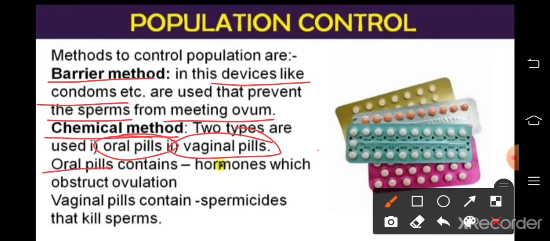Oral pills contain hormones which obstruct ovulation, and vaginal pills act as spermicides that kill the sperms. So by this method we can control the population.